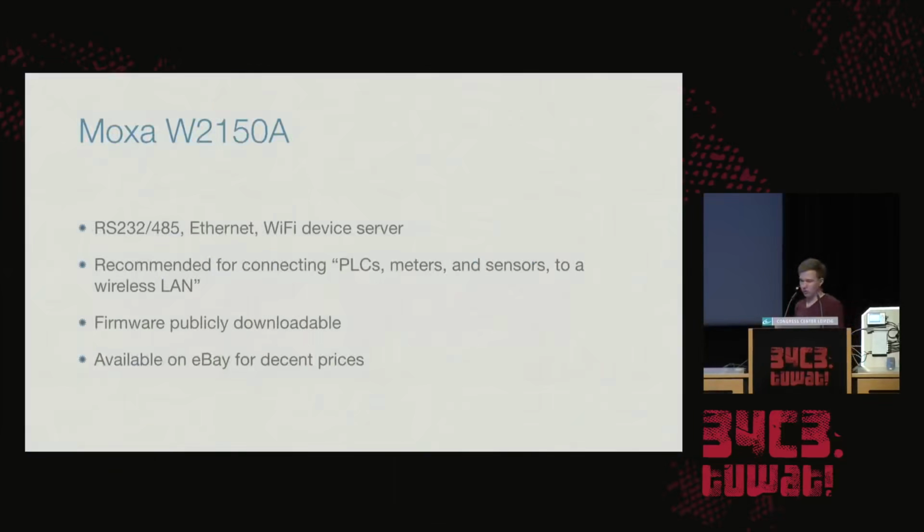The W2150A is just a simple device server, so you can connect any serial device, any RS485 device simply to it, and it will be exposed via Ethernet or even via Wi-Fi. You can download the firmware publicly, and it's available on eBay relatively cheap, like 150 bucks or something.